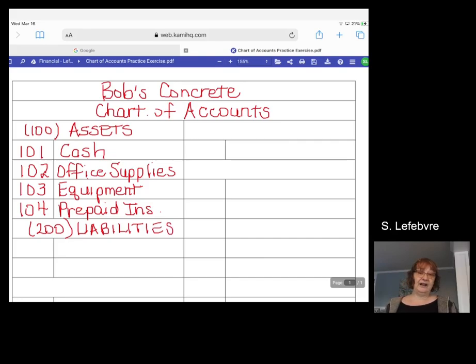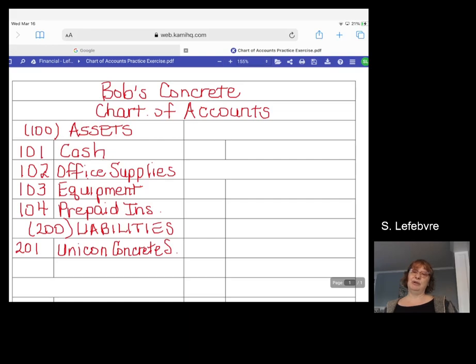Okay, and we have two liability accounts. So to show it's a liability account, we'll start with 200 there. And to show it's the first one, we'll number it 201. And that's Unicon. And I'll just put an S for supplies.